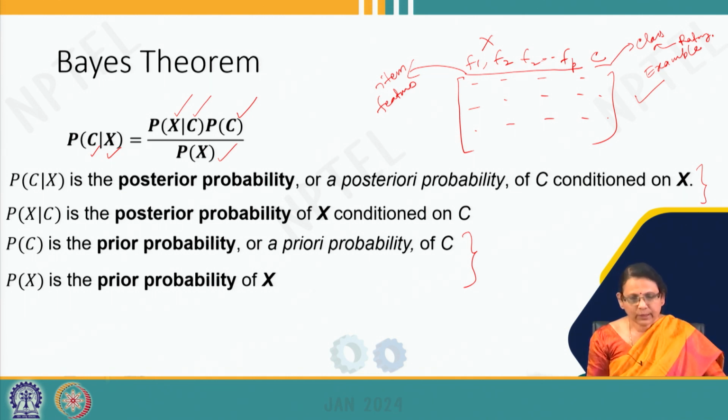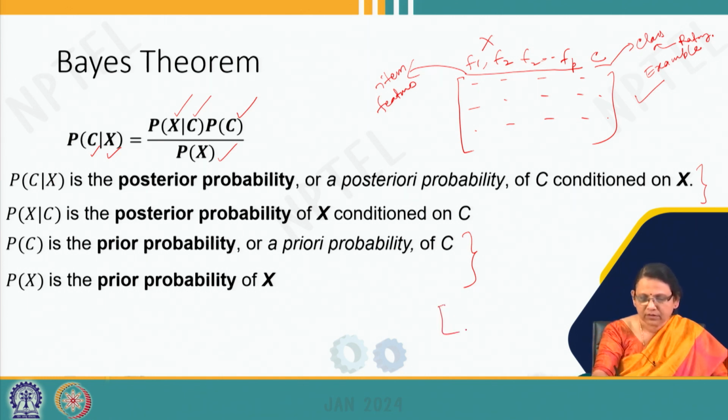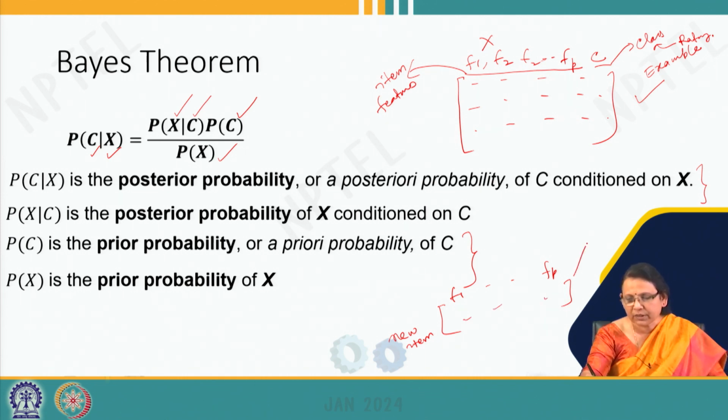Now, in this setting, what are we supposed to determine? When a new item comes, it will again have feature 1 to feature P, with respective values. Given this set of features, what is going to be the class? Whether it belongs to class 1, class 2 and so on.